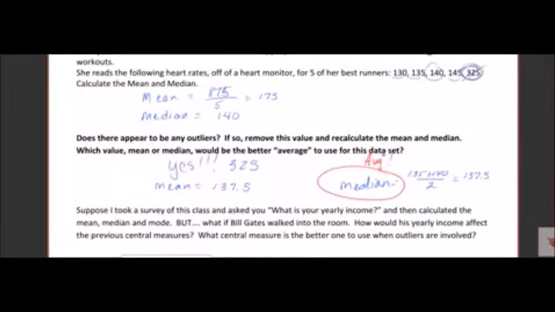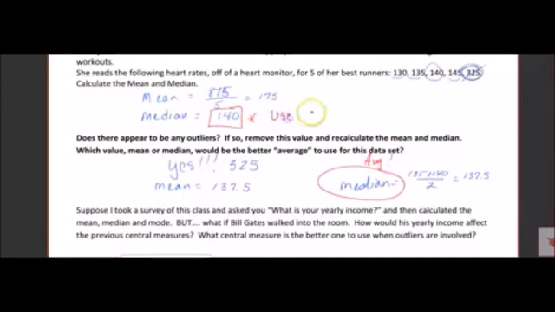Any data set that has an outlier, you want to use the median value as your average as opposed to the mean, because over here, the median is a much closer, much more accurate picture of the heart rates of those athletes than the 175.